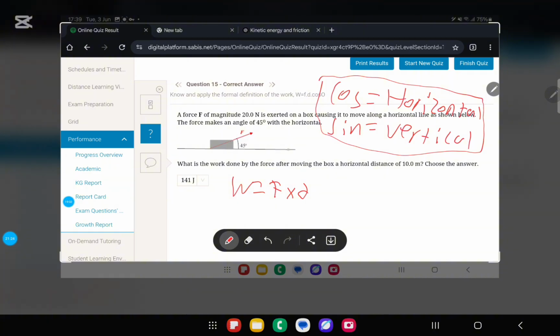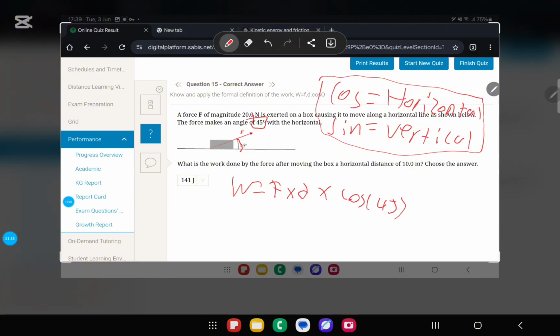They gave us an angle with the horizontal. We're going to use this angle and multiply by cosine 45. So let's apply this. Force is 20 times distance is 10 times cosine 45.